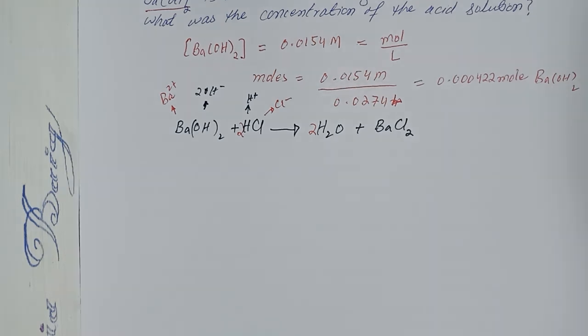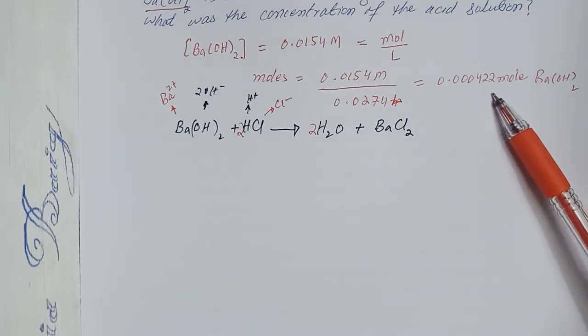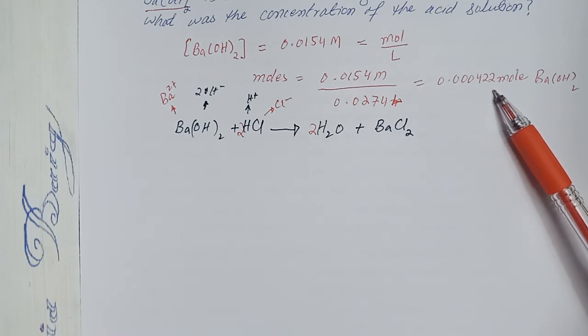So here we already know how many moles of barium hydroxide has been used to neutralize the unknown concentration of HCl, that is 0.000422 moles of barium hydroxide. It means that the solution of HCl has twice the number of moles of barium hydroxide.